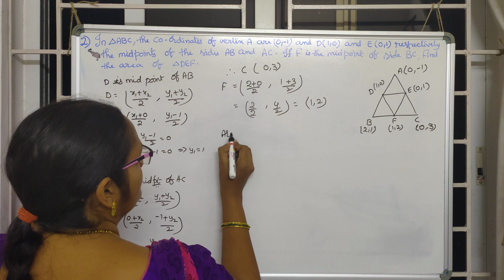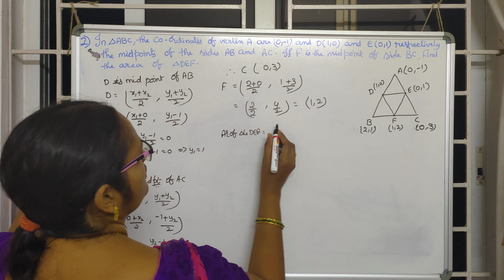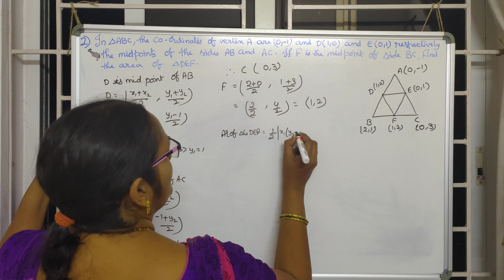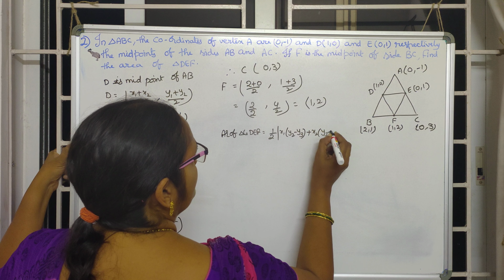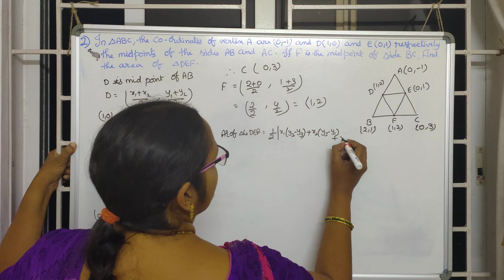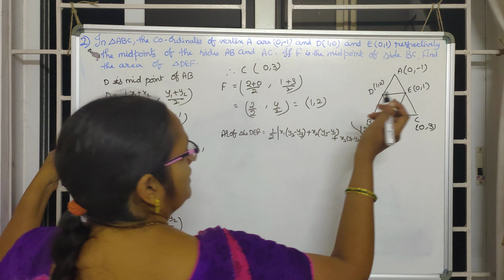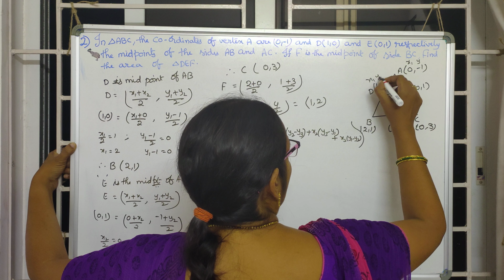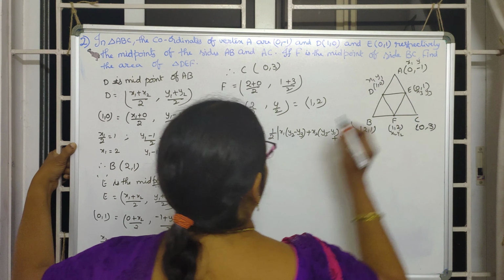So area of triangle DEF equals half modulus of x1 into (y2 minus y3) plus x2 into (y3 minus y1) plus x3 into (y1 minus y2). Here this one is (x1, y1), this is (x2, y2) and this is (x3, y3).